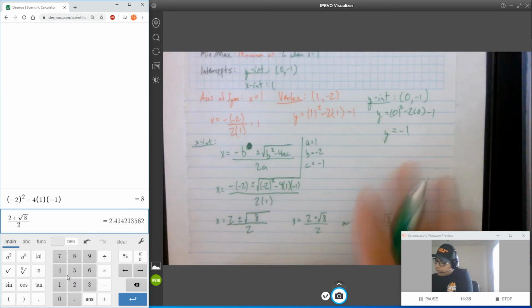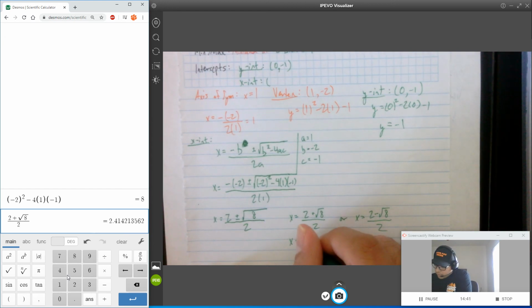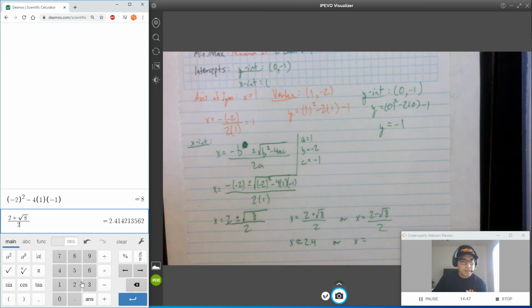So x is approximately 2.4, rounded to the nearest tenth. Or x equals, same thing, but now we're subtracting.